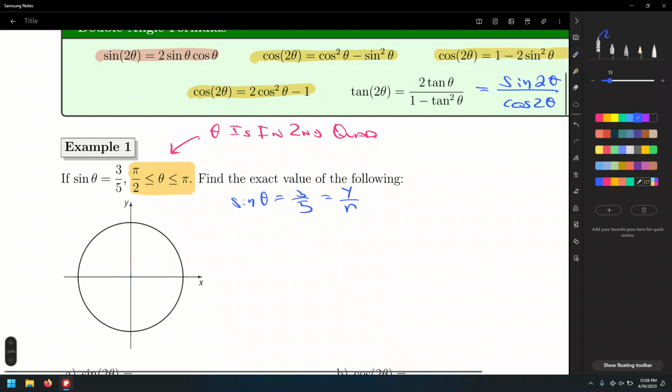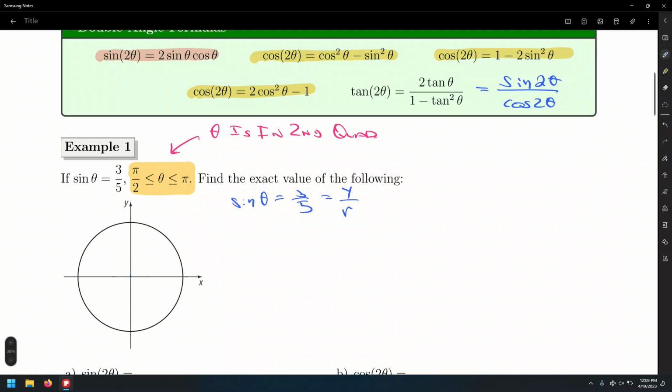Let's use the Pythagorean theorem, that is r squared equals x squared plus y squared. And r squared, that'll be 5 squared equals x squared, which we don't know, plus y squared, which is 3 squared. That'll be 25 equals x squared plus 9, and x squared equals 16, where x equals plus or minus 4.